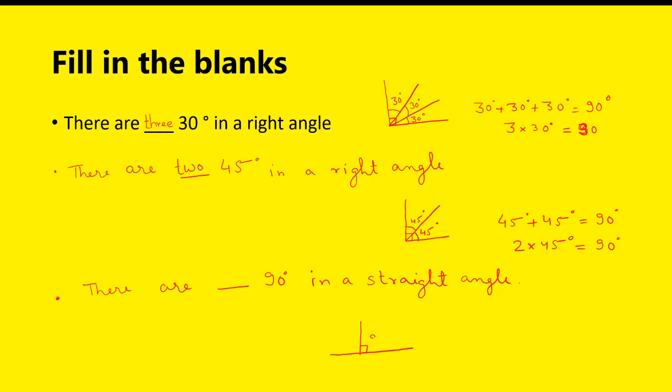You can see one right angle is this and another right angle is this. 90 degree plus 90 degree equals 180 degree. So twice of 90 degree or right angle equals 180 degree, that is your straight angle. So there are two 90 degree in a straight angle.